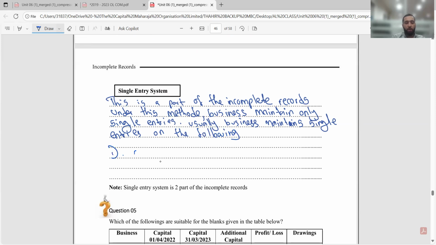Number 1, cash transactions. Number 2, info related to trade receivables. Number 3, info related to trade payables.